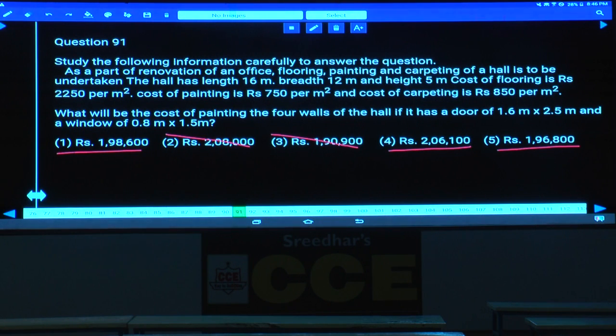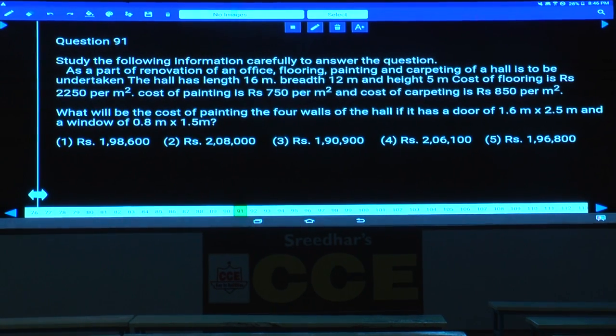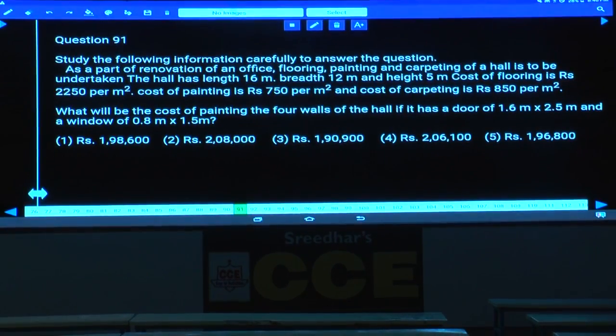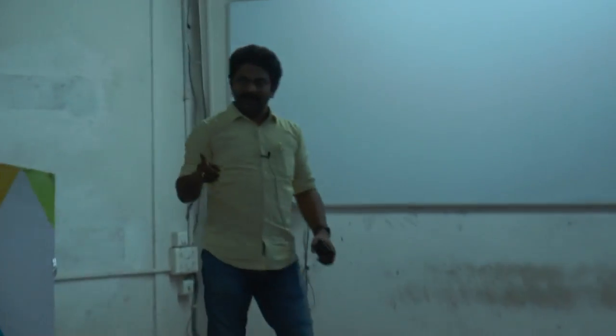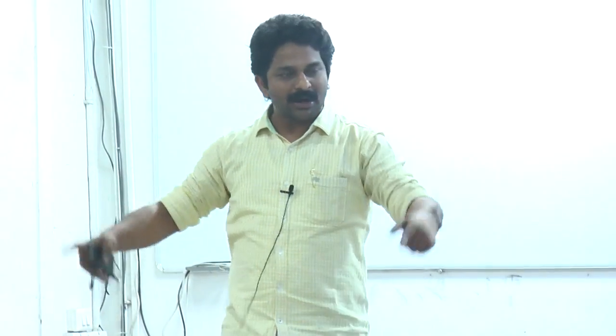Okay. Now, painting is done for 4 walls, but there is 1 window and 1 door. Let us first calculate the total area, then we will subtract the door area and window area. 4 walls means 2 walls along the breadth, 2 walls along the length. Already we have calculated the area of the wall along the length side, 16 into 5.